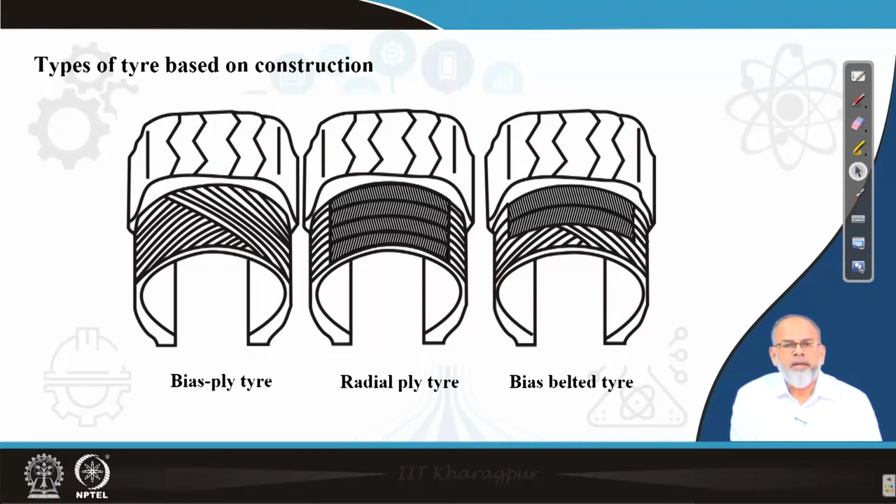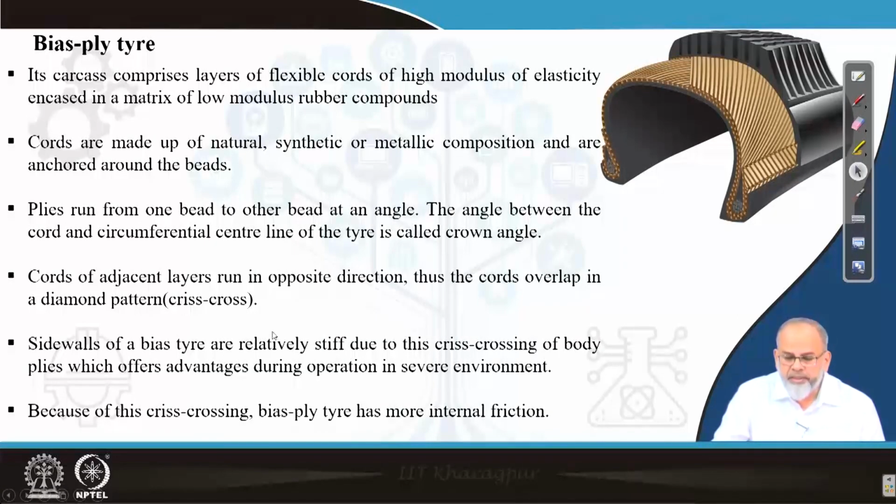These cords are encased in a matrix of low modulus rubber compounds, and they run in different directions. In case of a bias ply tire, they run from one bead to the other bead diagonally.